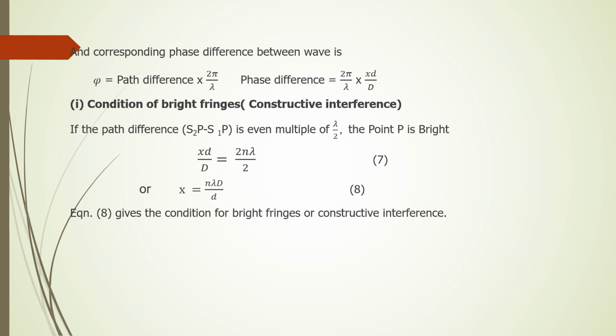The obtained path difference is xd by D, which results in a phase difference of 2 pi by lambda into xd by D.